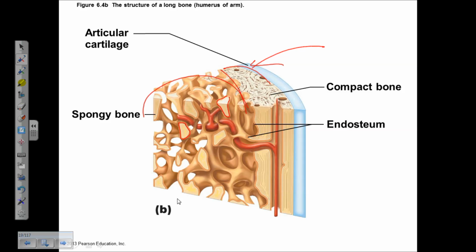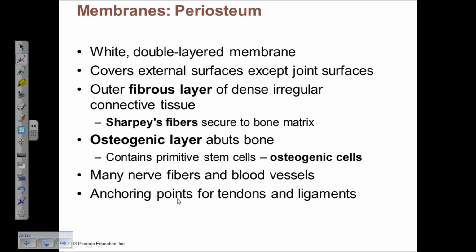Can you see that? What I'm circling here? So that covering is called endosteum. Endosteum covers all internal surface of the bone. Does it make sense? It's a very thin and delicate connective tissue membrane.